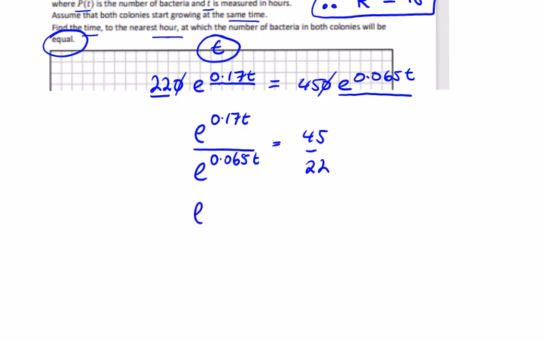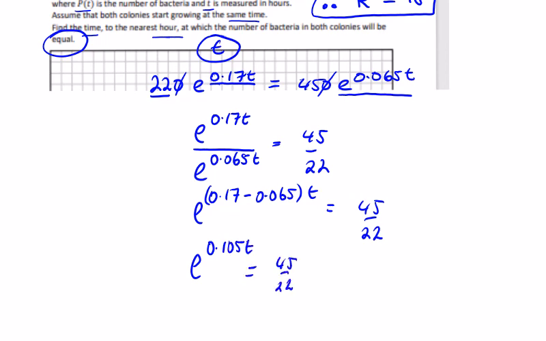Using my rules of indices here, I'm going to get e to the power of 0.17 minus 0.065 times t. 170 minus 65 is 105, so e to the power of 0.105t is equal to 45 over 22.